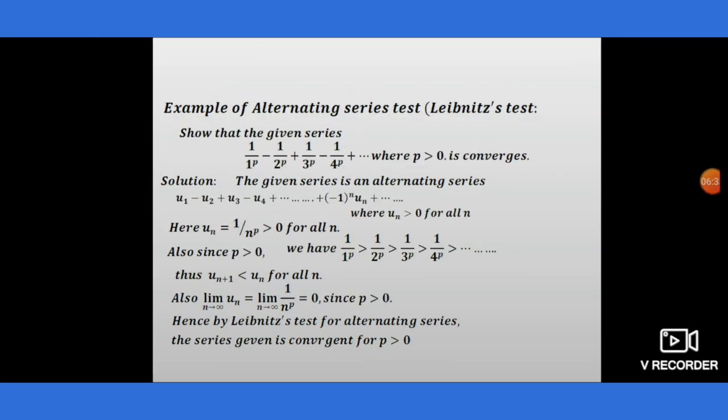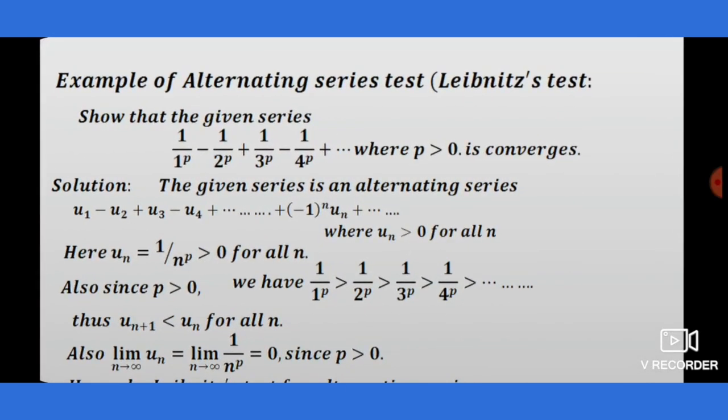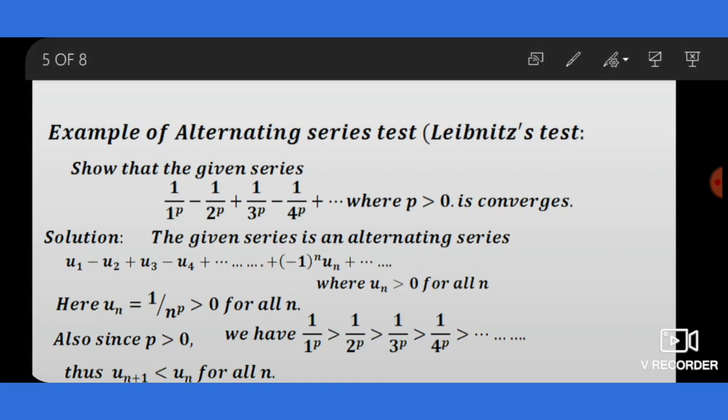Another example of an alternating series and the Leibniz test. Show that the given series 1 upon 1 to the power p minus 1 upon 2 to the power p plus so on, where p is greater than 0, converges.